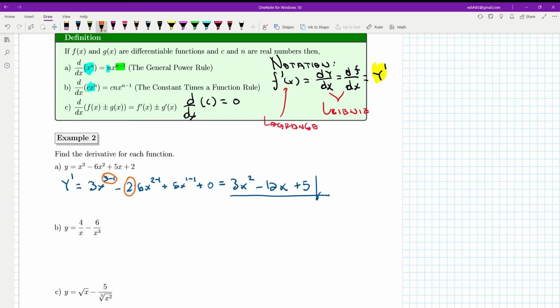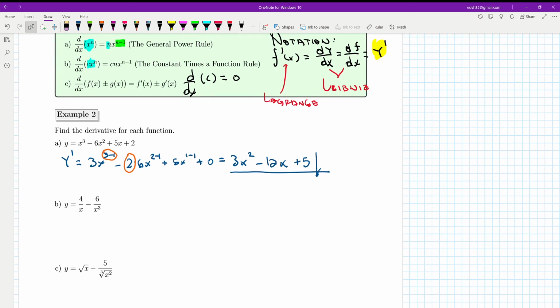You can go straight to the answer in your head, because in some cases these are easy numbers to deal with. So 3x to the 3 minus 1, which is 2, 6 times 2, which is 12, and the derivative of 5x, which is just 5. No need to show all these operations I did. I just did it for this first example to show you how the general power rule works.